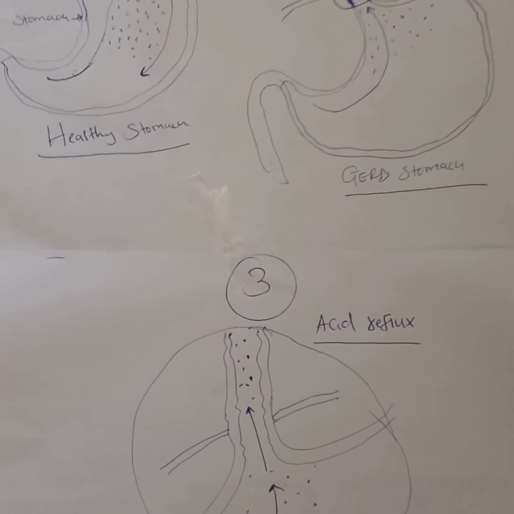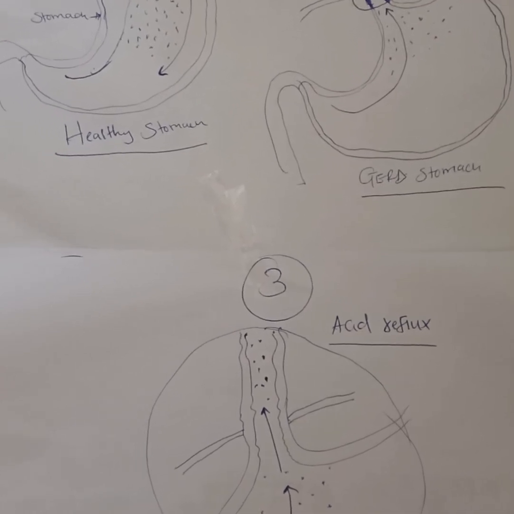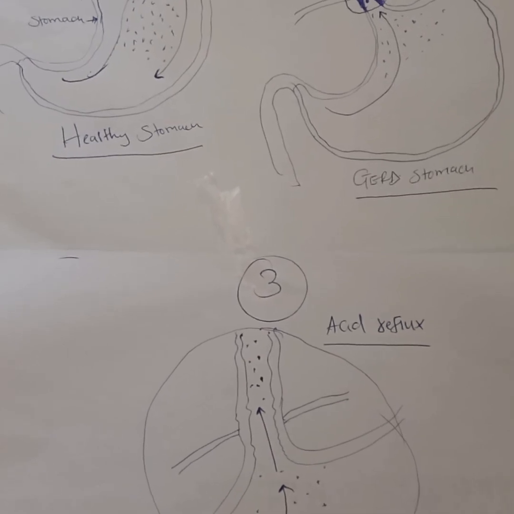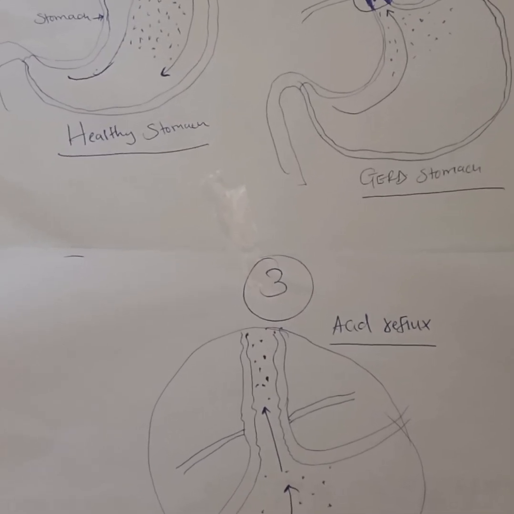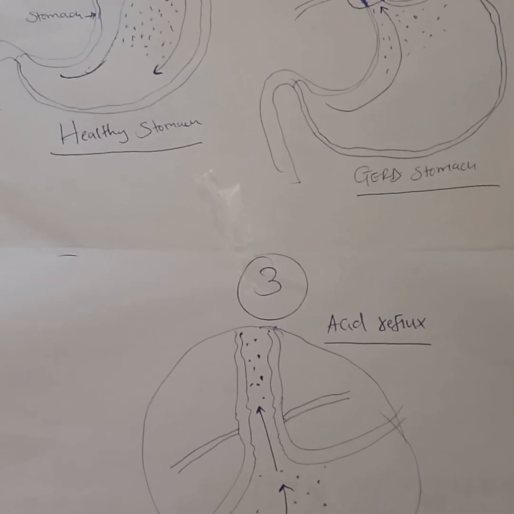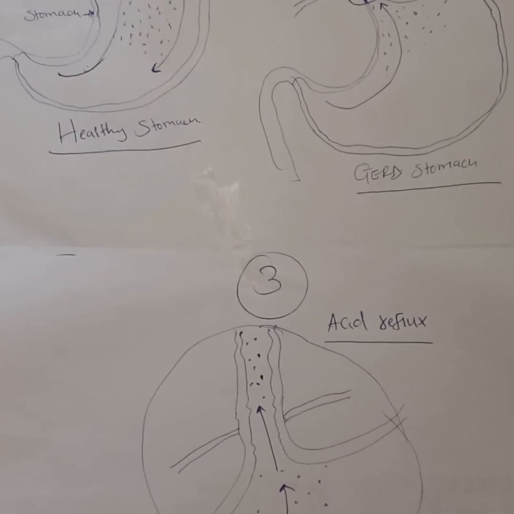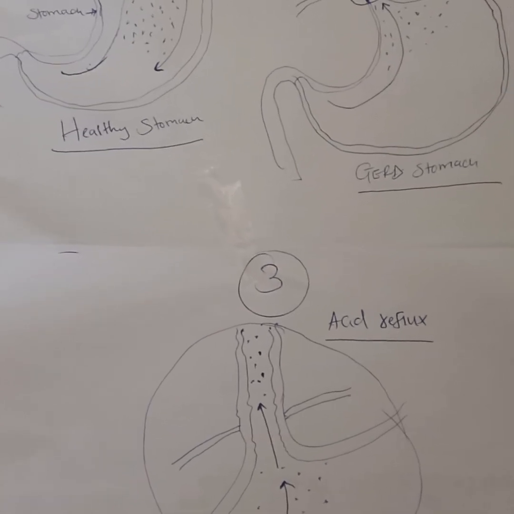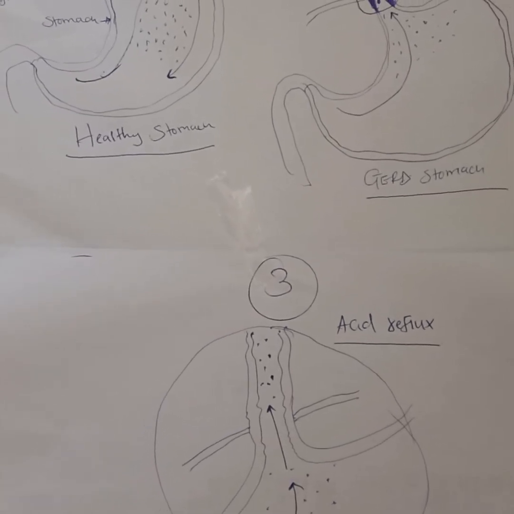We have NSAIDs, non-steroidal anti-inflammatory drugs, for example aspirin and ibuprofen. They can cause acid reflux. We have theophylline, a common drug used to treat asthma. We have hormone therapy, which is medication for menopause.